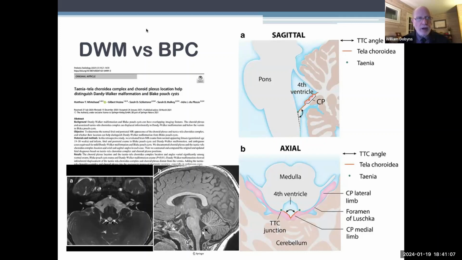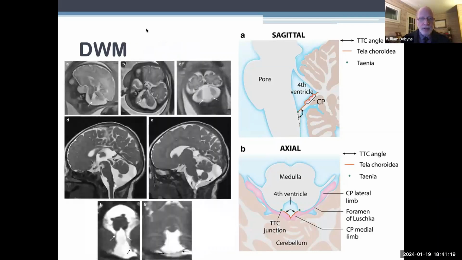And when they can be seen, especially on MRIs, both fetal and postnatal, their position can help to differentiate between classic Dandy-Walker and Blake's pouch cyst. And here is an example on a postnatal scan, where it's easier to see, where you can see it's pushed far, far downward and outward. All right. So it is easier now to recognize and define classic Dandy-Walker malformation.